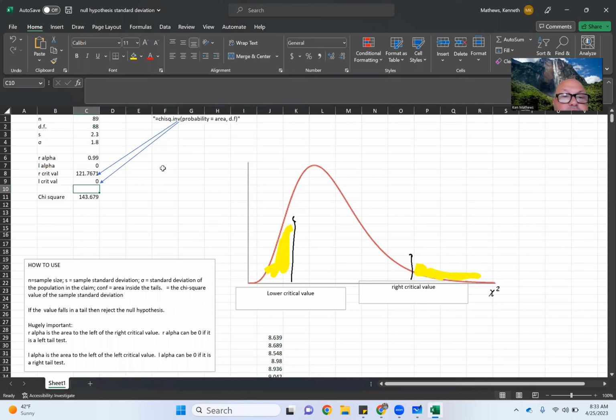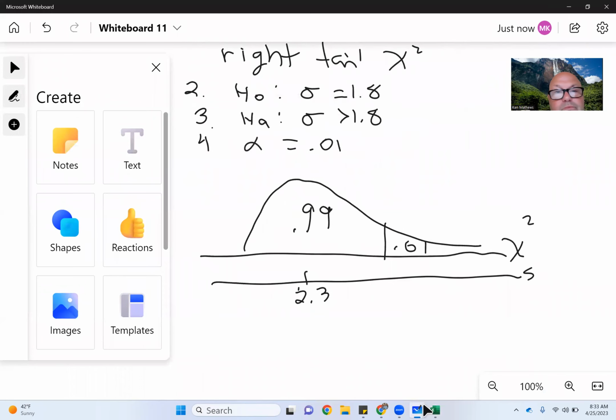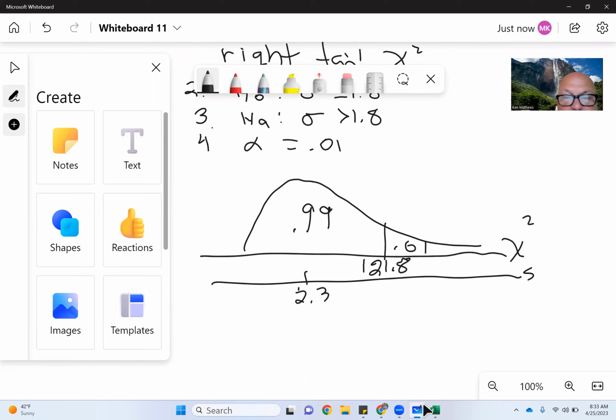All right, so our right critical value is 121.8. So we could draw that in. And then we have to convert 2.3 into a chi-square value.